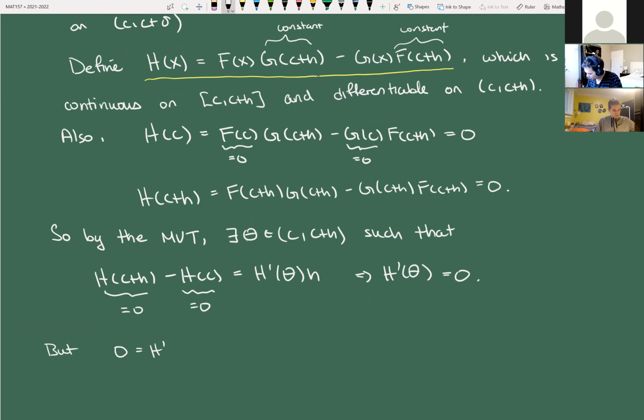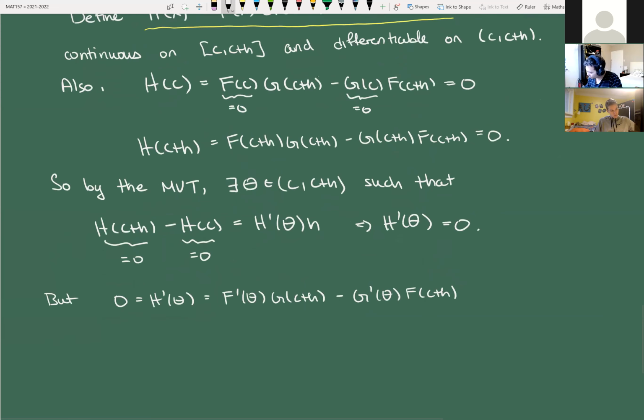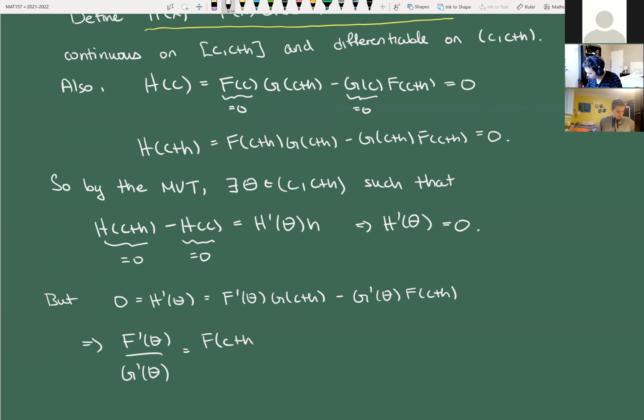So zero is H prime of theta, which is capital F prime of theta times G of C plus H, minus capital G prime of theta times F of C plus H. So what I can do is rearrange this, and what will I get? I will get F prime of theta divided by G prime of theta is equal to F of C plus H over G of C plus H.